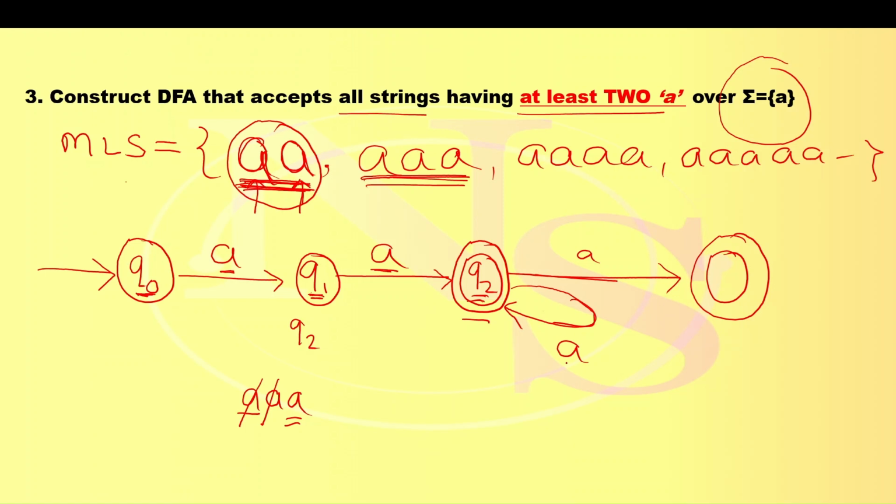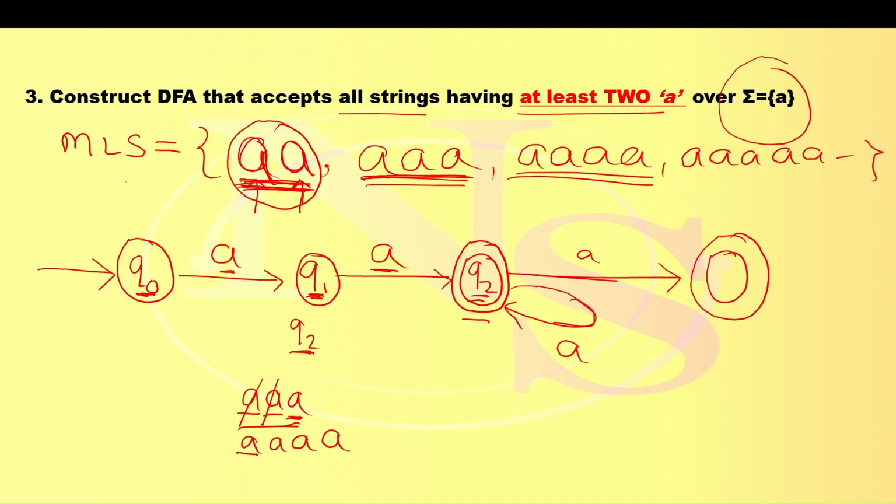How to select it? Let's start with a similar kind of trick. Write down the string 3 A's. Out of this, the first A is read by Q0 reaching Q1. The second A is read by Q1 reaching Q2. Write down the state Q2. Now ask yourself whether this Q2 reads only one A or there are other possibilities after this A. If you observe the minimum length string, there is a possibility of multiple A's.